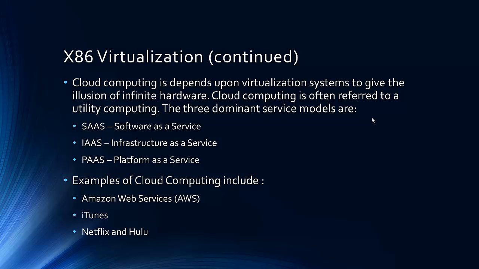Anywhere you can access a web browser, you can access Salesforce.com. You're not interested in the hardware or the licensing. The only thing that you're interested in is that you have access to your data when you need it. And Salesforce handles all the other technical details. That's an example of software as a service. So anyway, these are the three dominant models, and I thought it was worth at least mentioning here.